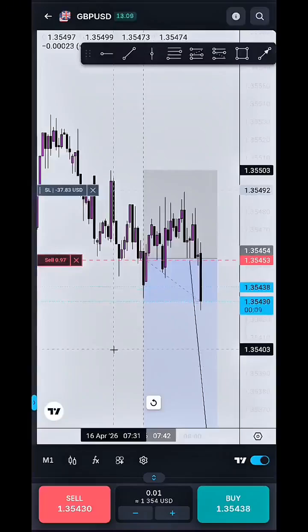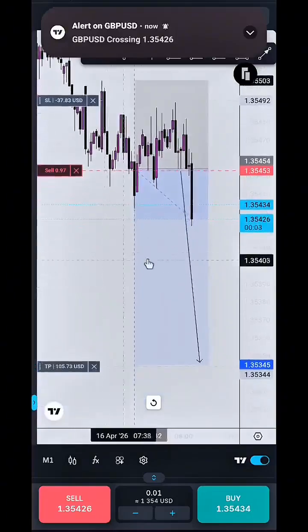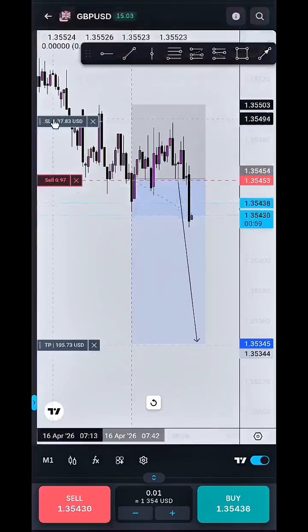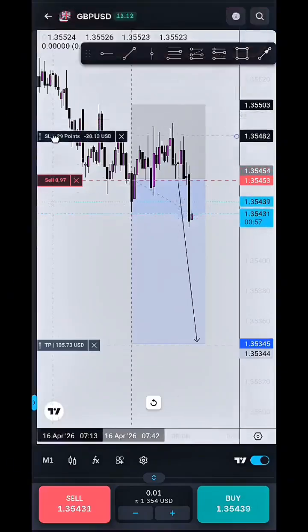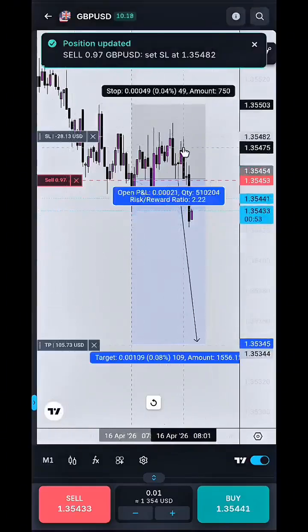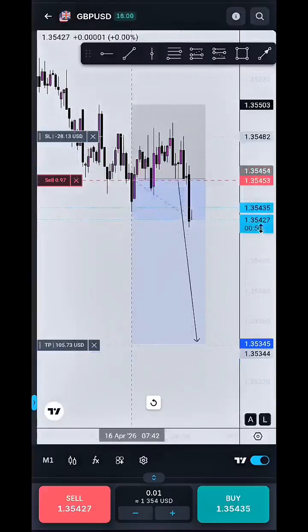So far, the price has not yet reached the equilibrium of the range, because if it did, then the alert should have gone off already.